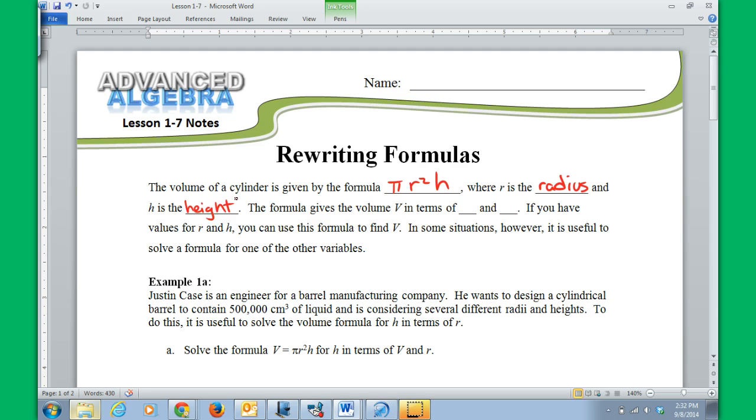The formula gives volume in terms of r and h. If you have the values of r and h, you can use it to find v. Okay? But sometimes maybe you have v and r but not h. You want to solve for h instead. So that's what we're going to be doing here.